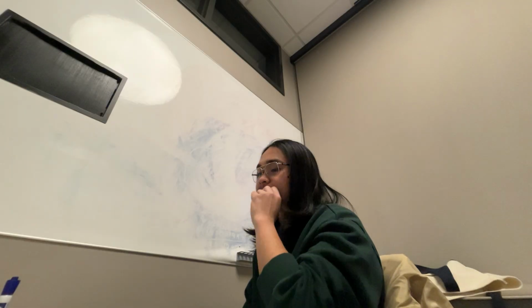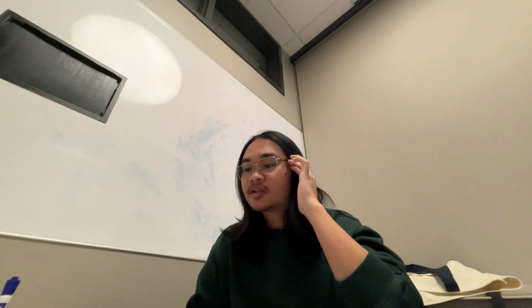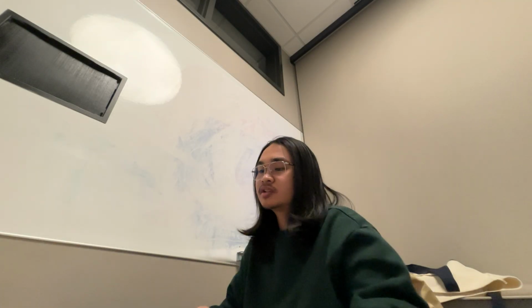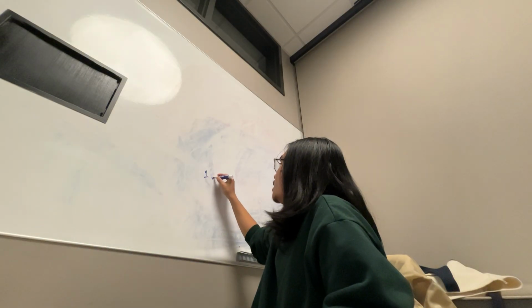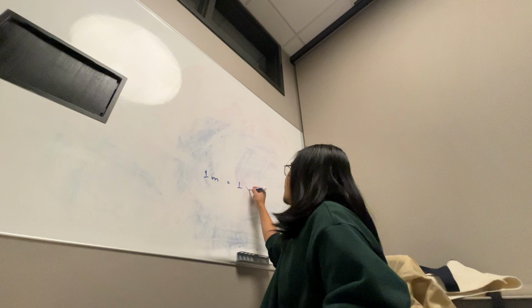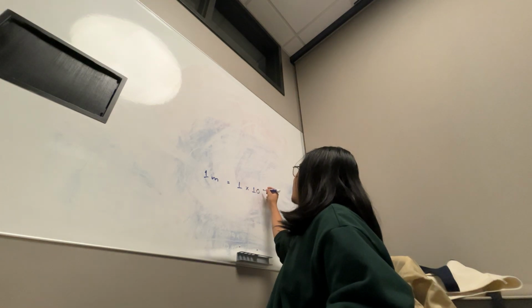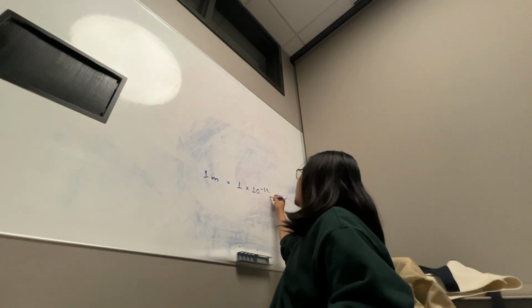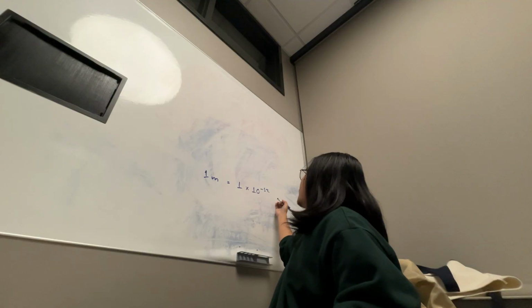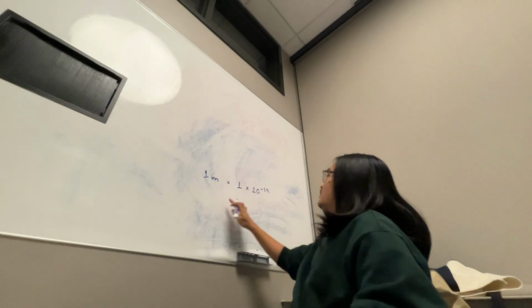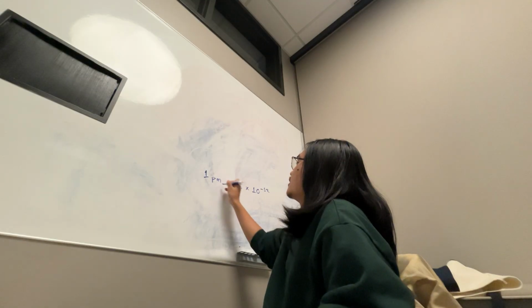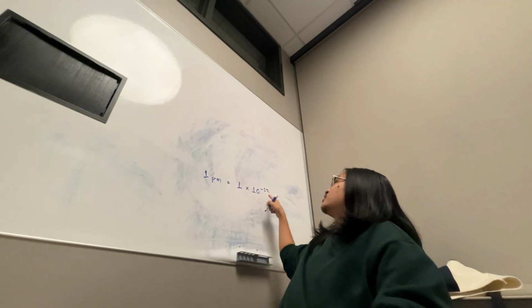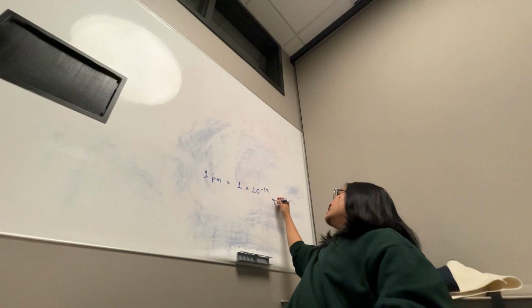Okay, so write the length of 1 picometer in scientific notation in units of meters. We said that 1 meter is equal to 1 times 10 to the negative 12. This is wrong. 1 picometer is equal to 1 times 10 to the negative 12 meters.